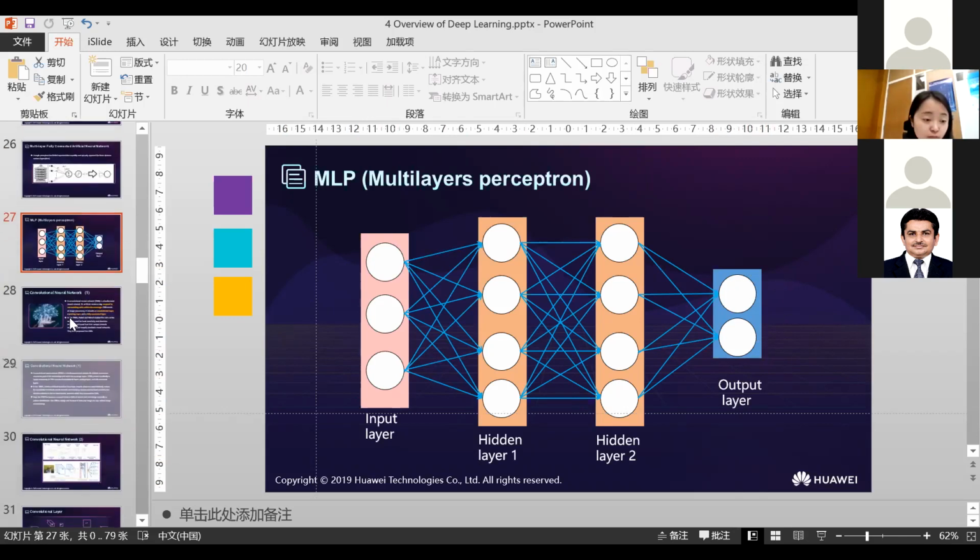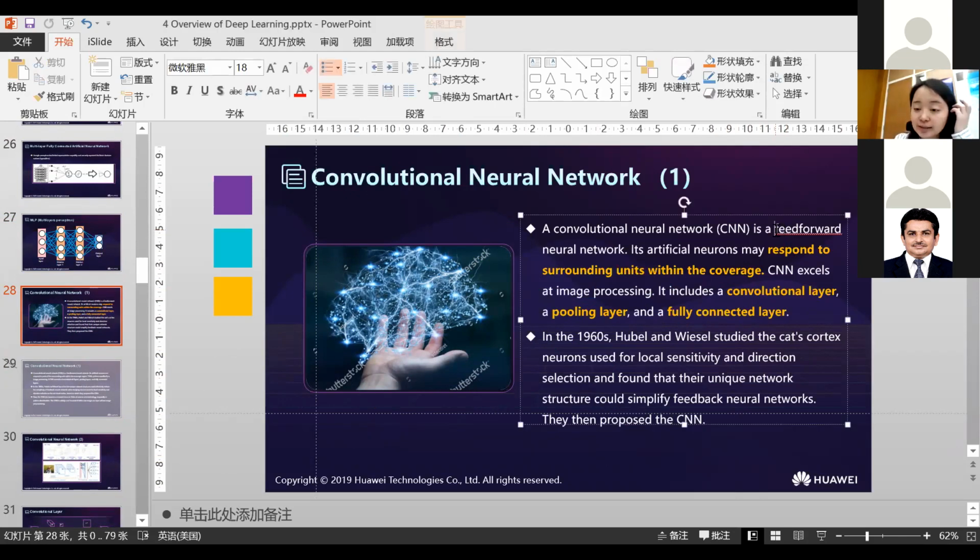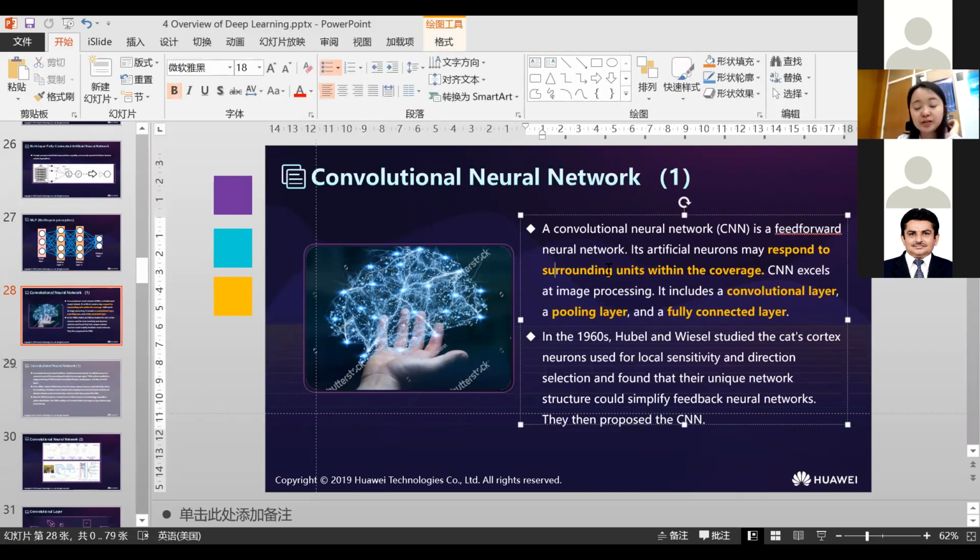Okay, thank you. So the next type of neural network we're going to introduce is convolutional neural networks. A convolutional neural network is also a feed-forward neural network, which means the information only transfers from the input to the output layer.